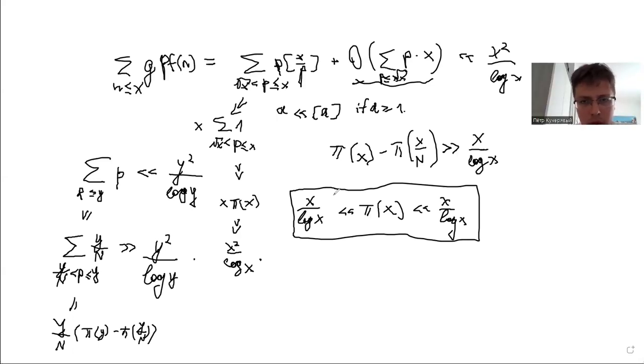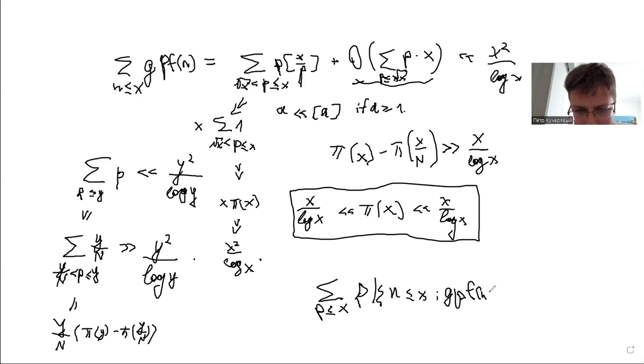For each prime, we multiply this prime by the number of numbers which are less than x and the greatest prime factor of which is p. Yes. So there was a formula, something like that: the sum over p less than x of p multiplied by the number of n less than x such that the greatest prime factor of n is p.